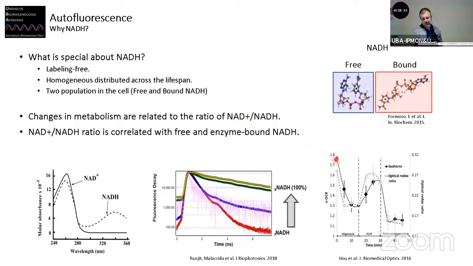And this was corroborated by comparing the optical ratio with the oximetry measurement of metabolism, like Seahorse or Oroboros and other things that rely on oxygen consumption. And you see that they both follow the same path when you stress the mitochondria with different drugs.